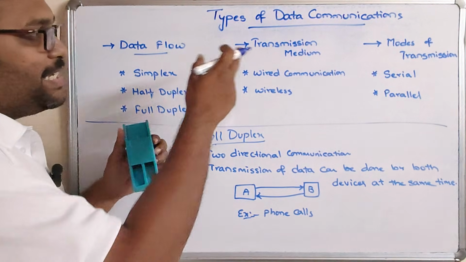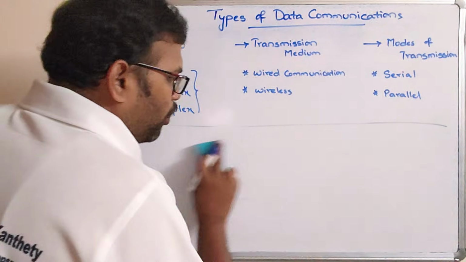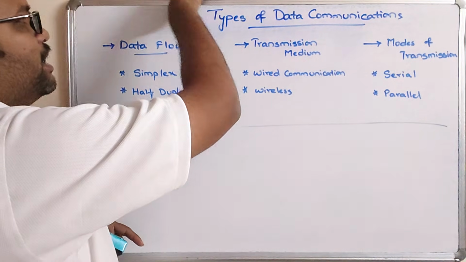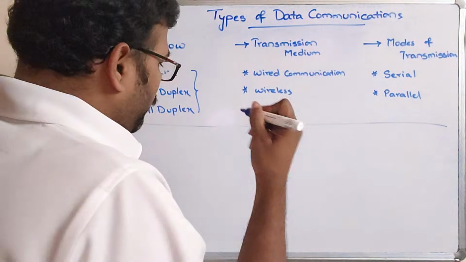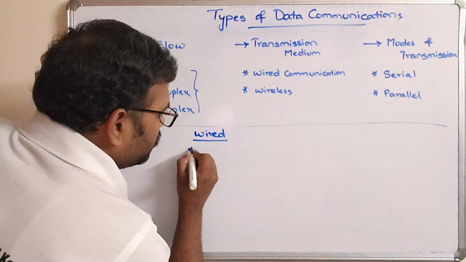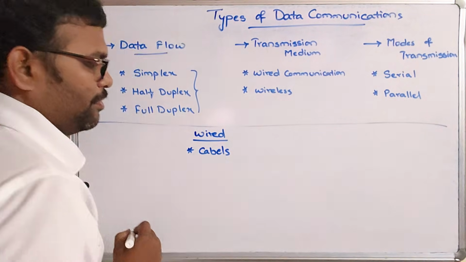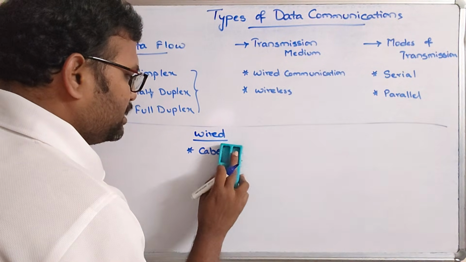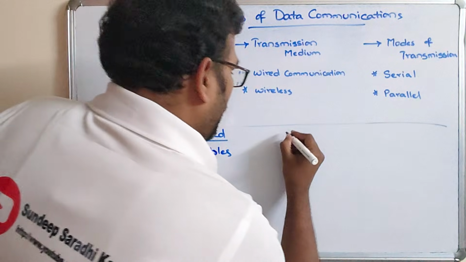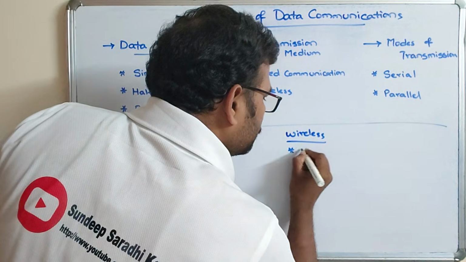And coming to the second one, transmission medium, which we call wired communication and wireless communication. Wired communication is in terms of cables, and wireless communication is in terms of air.